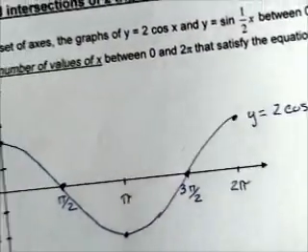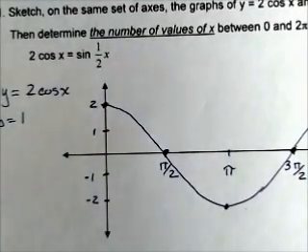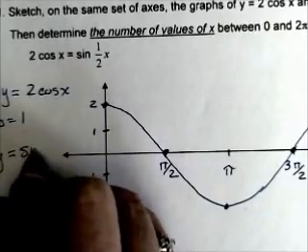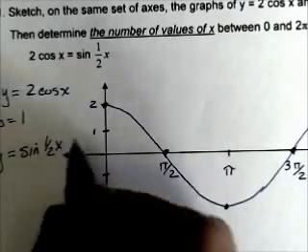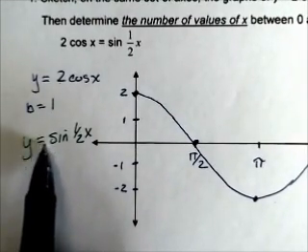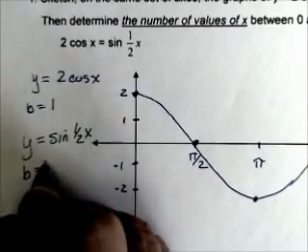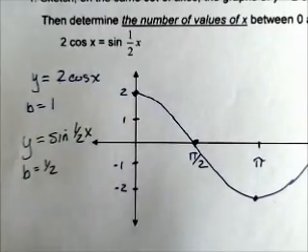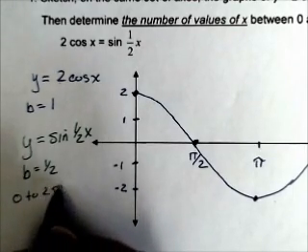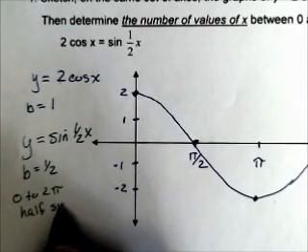Now I'll use a different color for y equals sine 1/2 x. We know it's going to get as high as 1. Now the b value is equal to 1/2. So that means from 0 to 2 pi, we would have half a sine curve.